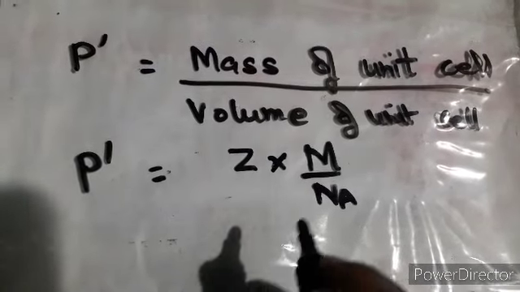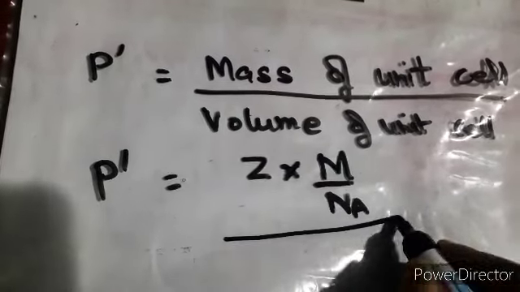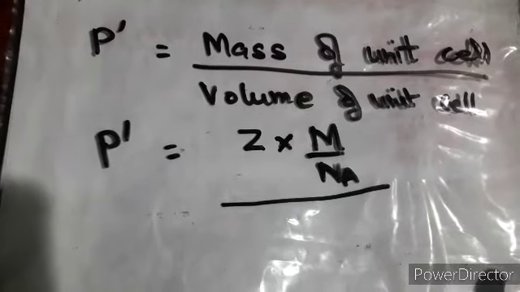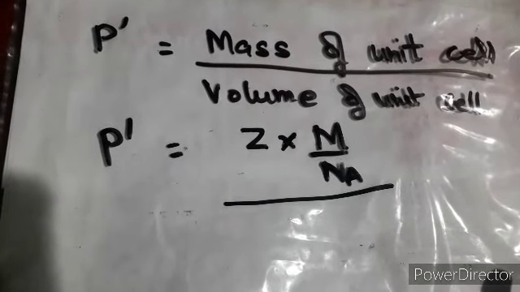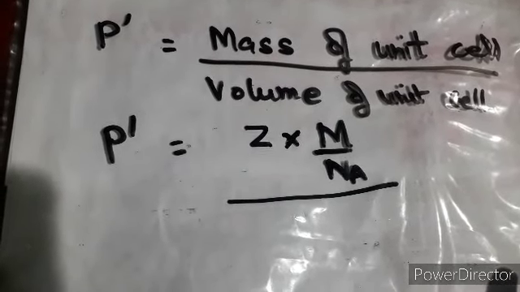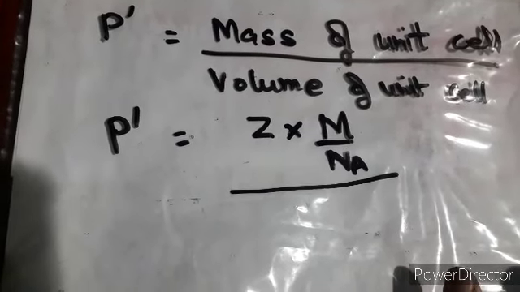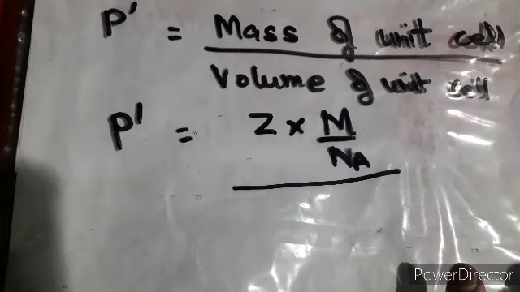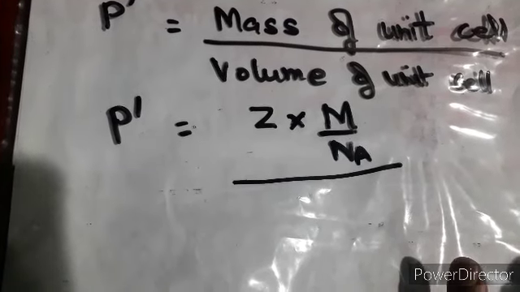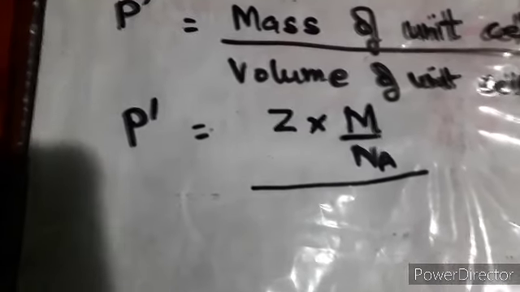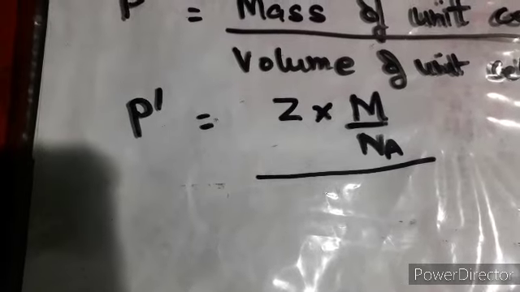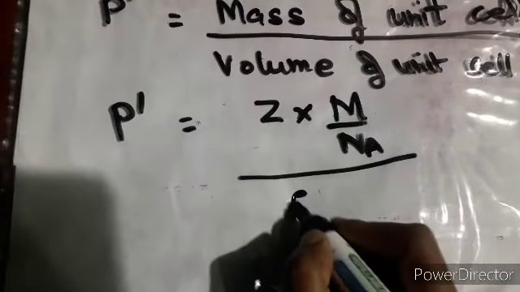Then volume: whenever we are seeing unit cells, we always focus on the volume that is related to your cube. In your class 9th or 10th standard you have seen that we always put a cube for it, because all the edges are of the same length, so we always put the volume as a cube.